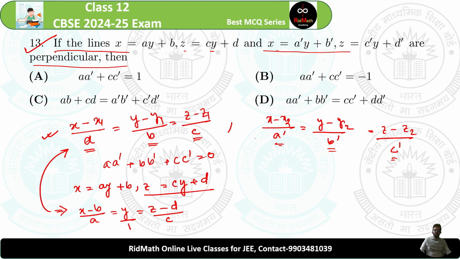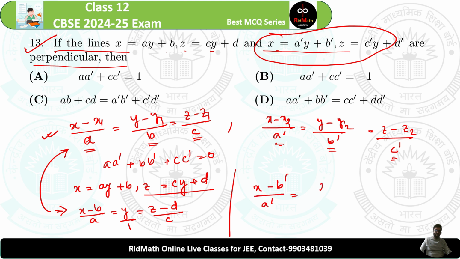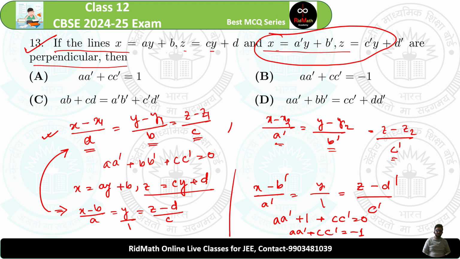Now from the other equation we also get (x minus b dash) by a dash equal to y by 1, equal to (z minus d dash) by c dash. So now the sum of the products of respective direction ratios is 0. So that means a into a dash plus 1 into 1 plus c into c dash equal to 0. That means a into a dash plus c into c dash equal to minus 1. So B option is correct.